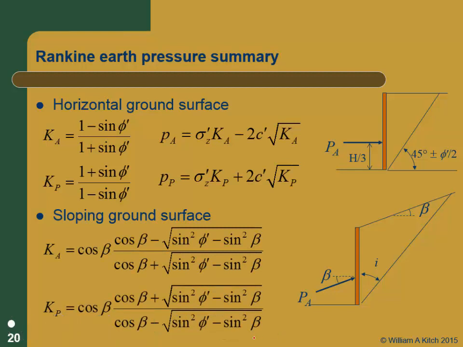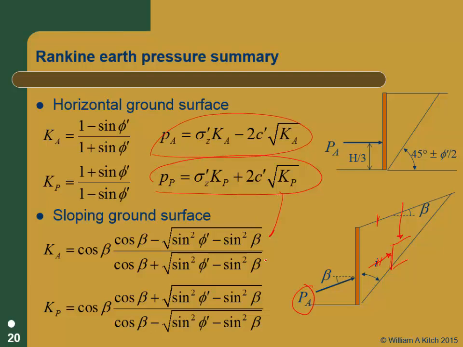The important thing to understand about this one is, technically, the coefficient of earth pressure here is not a coefficient of lateral earth pressure, it's a coefficient of the resultant earth pressure. Because remember, when we did this derivation, we were comparing the vertical stress to the stress on this vertical surface, and the angle of this was parallel to the ground surface. So our definitions, when we use this equation, are not for a horizontal surface. This definition is the same.